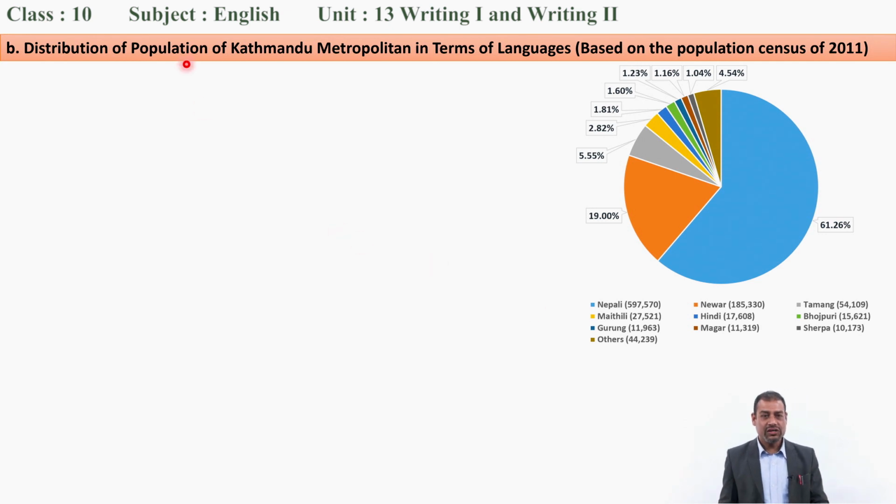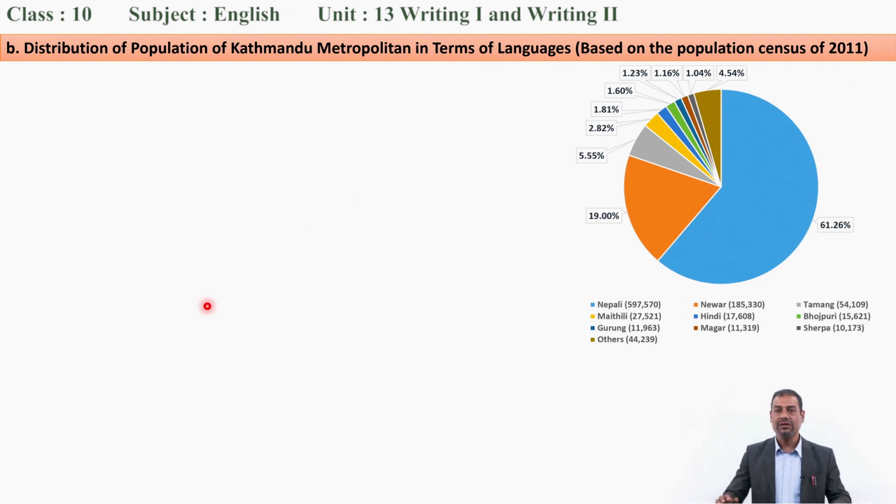Now, the instruction says: distribution of population of Kathmandu metropolitan in terms of languages based on the population census of 2011. So you can find this is a pie chart, and you can find here the number of different language speakers in Kathmandu metropolitan city, and this is based on the census of 2011.